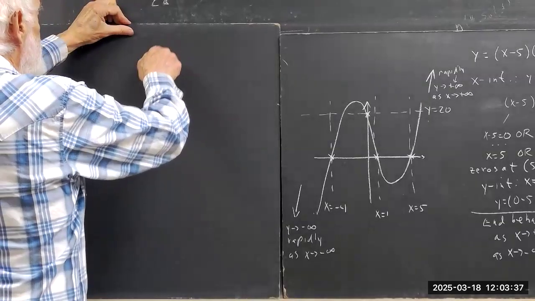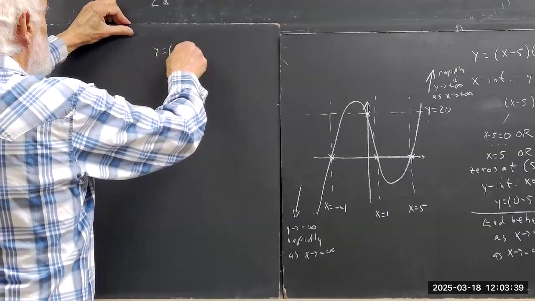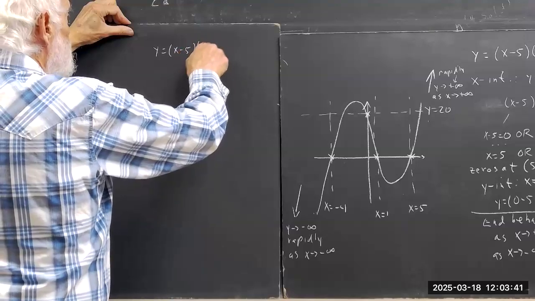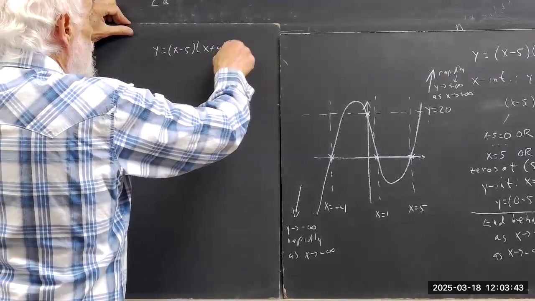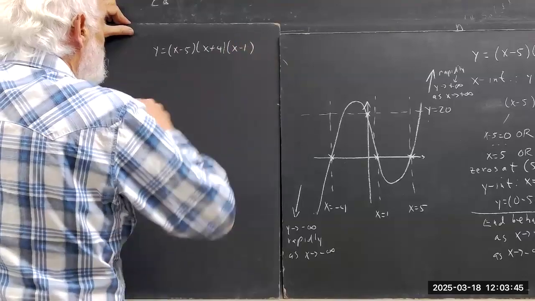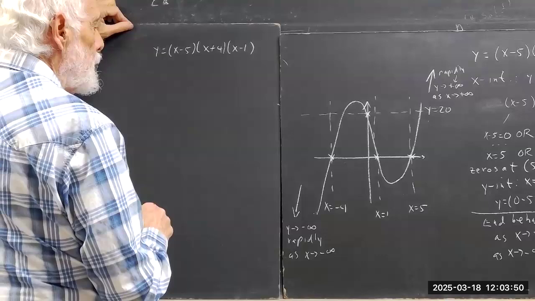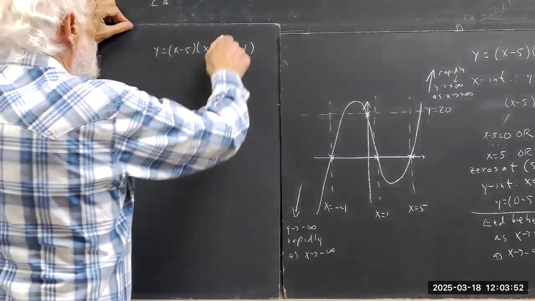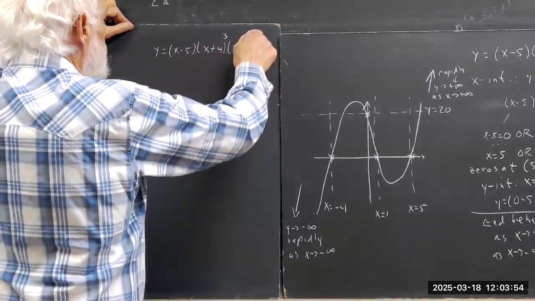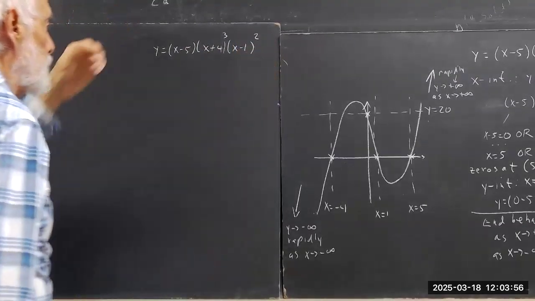Okay, so we're going to use the same function: y equals x minus 5 times x plus 4 times x minus 1. And I think, contrary to what I did before, I'm going to cube the x plus 4 and square the x minus 1.